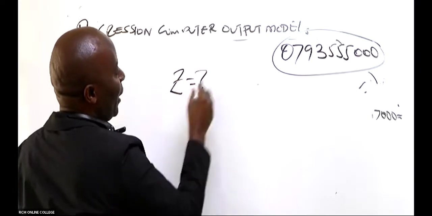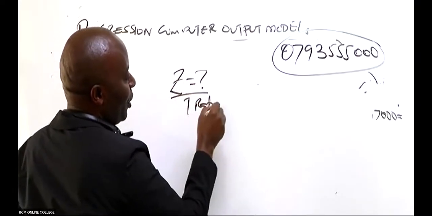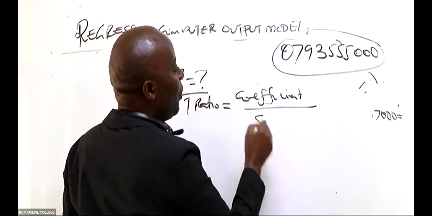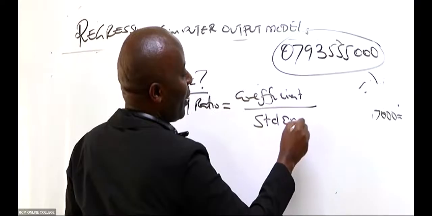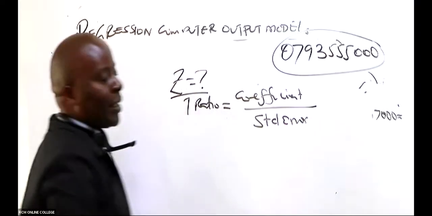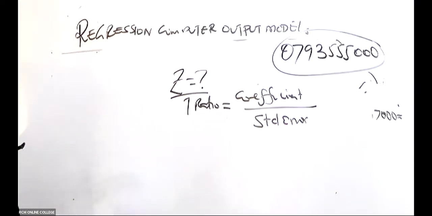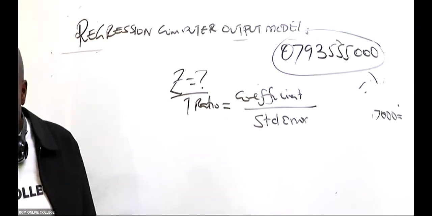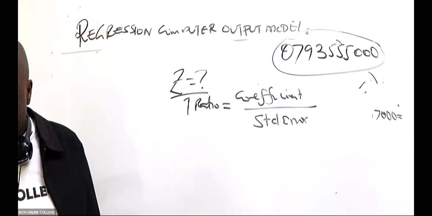To be able to get this Z, remember this is under T ratio. And to get this T ratio, we normally take the coefficient divided by what here, somebody? The corresponding standard error of the coefficient. So be keen enough, under this residual, is there somebody who is able to see the T ratio?